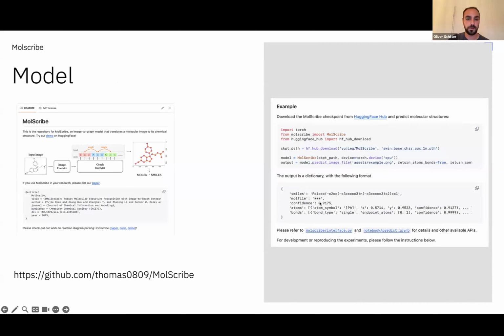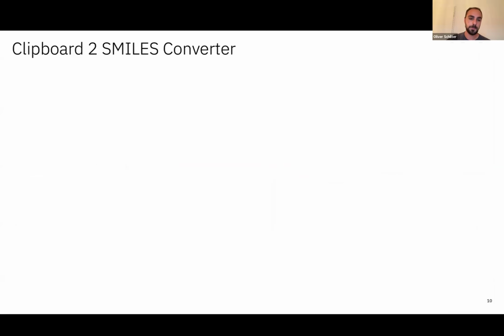The confidence score is used to evaluate whether it was just a random screenshot or a molecule: if the confidence is higher than a certain threshold value, it's saved back. If it's lower than the threshold value, the SMILES is not saved.